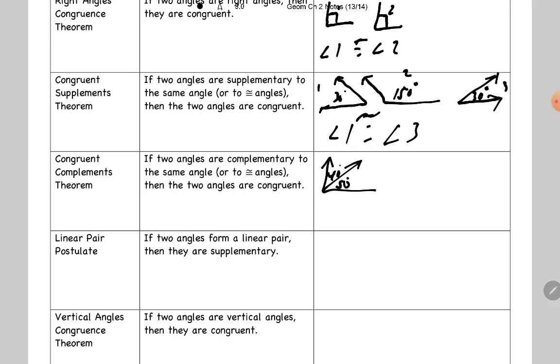And then we have a separate angle over here, and call that 40 degrees. Let's call that angle 1, angle 2, angle 3. So if they're both complementary to the same angle, angle 1 is complementary to angle 2, angle 3 is complementary to angle 2, therefore angle 1 is congruent to angle 3.